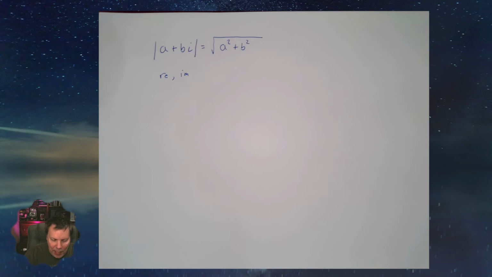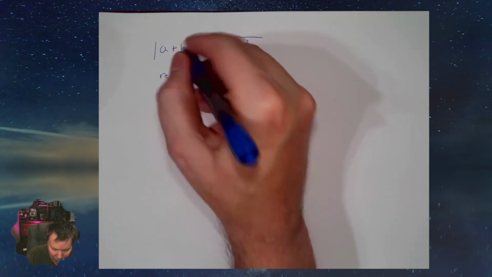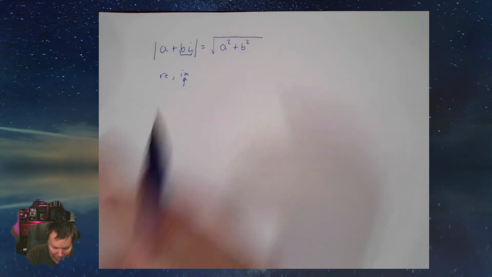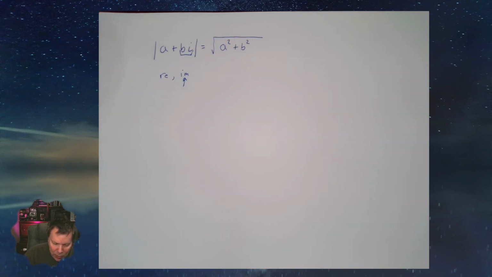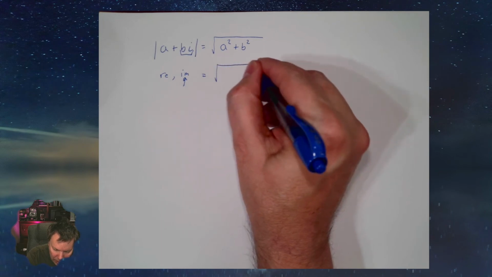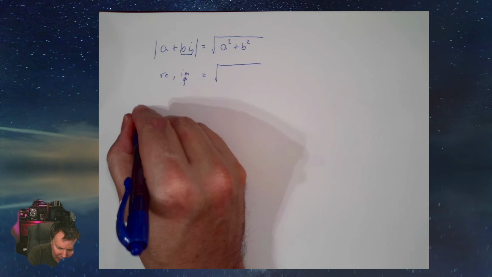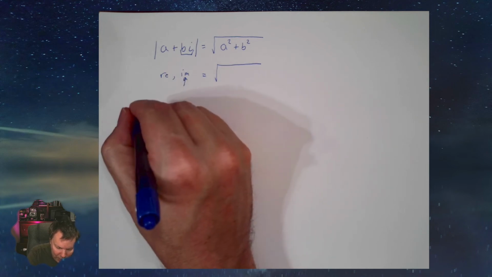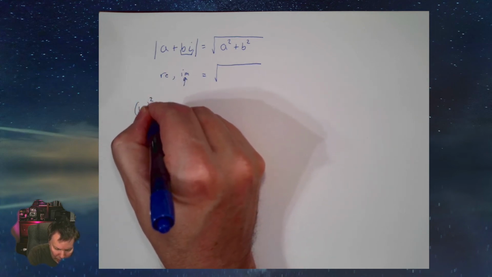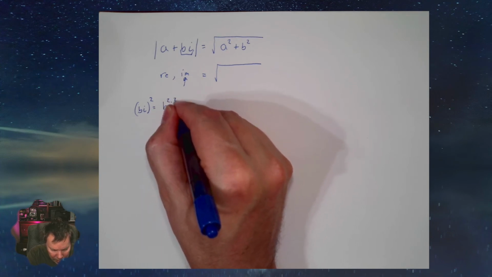That's what I had in my Mathematica file. And I literally mean the imaginary part. I mean I have the whole bi sitting there. So what I can do is I can modify this a little bit. And I want you to notice something. If I took bi, like the whole imaginary part, and I squared it, what do I wind up getting? I get b squared and i squared.